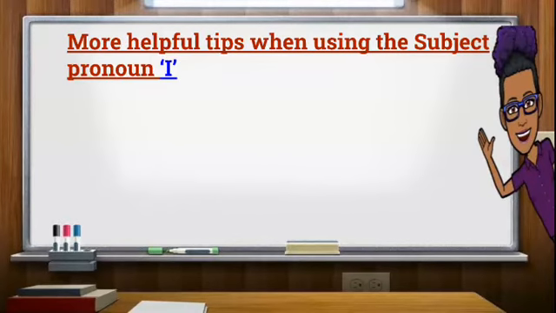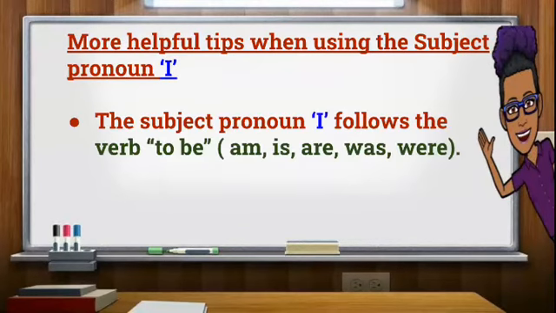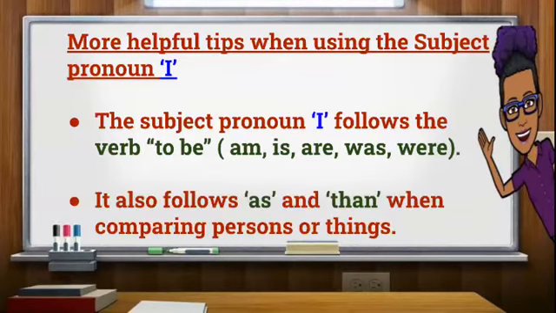Now, more helpful tips when using the subject pronoun I, and I like to consider these as the exceptions. These you have to know, you have to remember. Our first tip, the subject pronoun follows the verb to be. That is the am, is, are, was, and were. And our second tip, it also follows the words as and than when comparing persons or things.